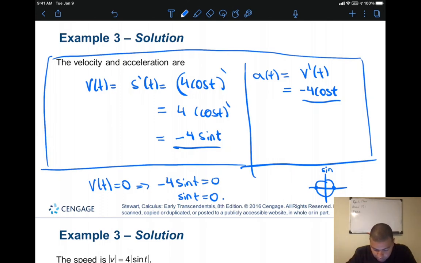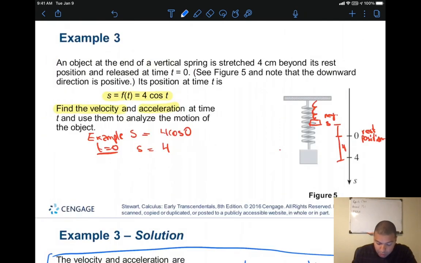Whenever t equals pi seconds, for example, sine equals 0, so velocity equals 0, so that means the trajectory is changing directions. It was positive, it's becoming negative, or it was negative, it's becoming positive. At that instant of time, the mass has stopped.